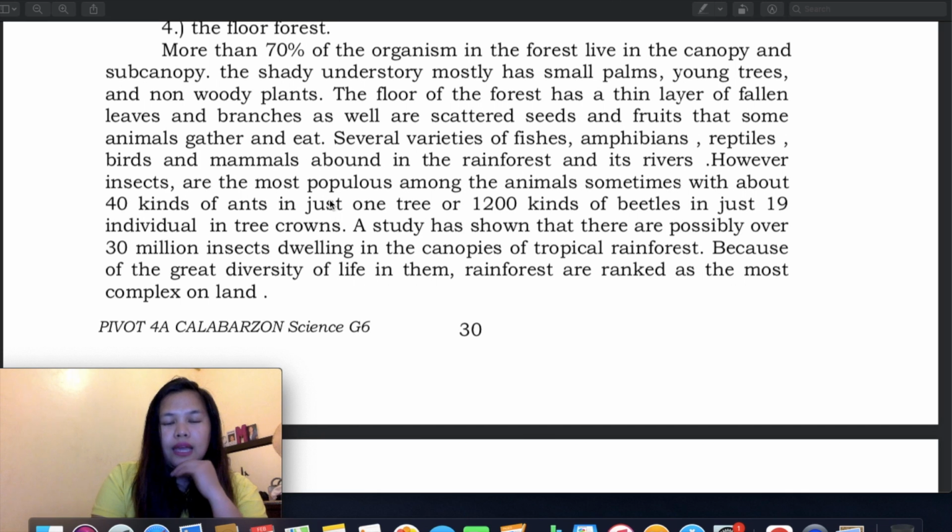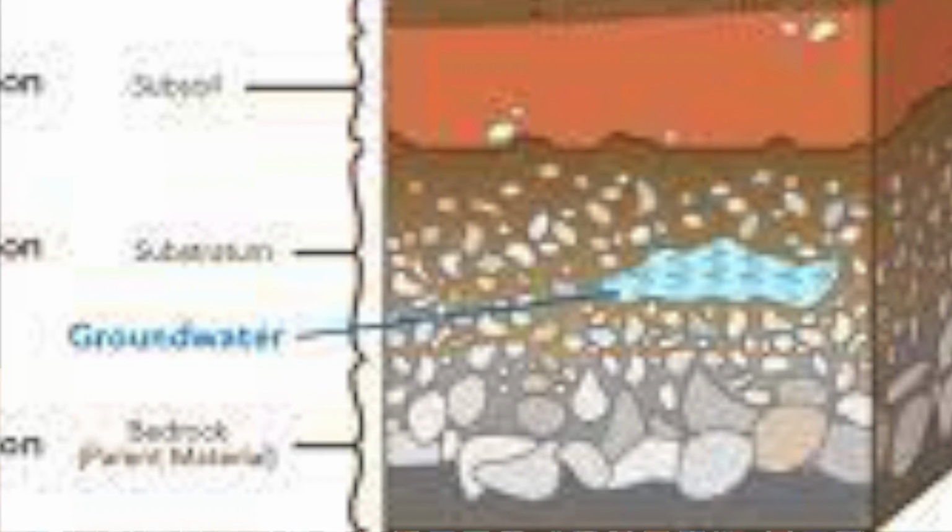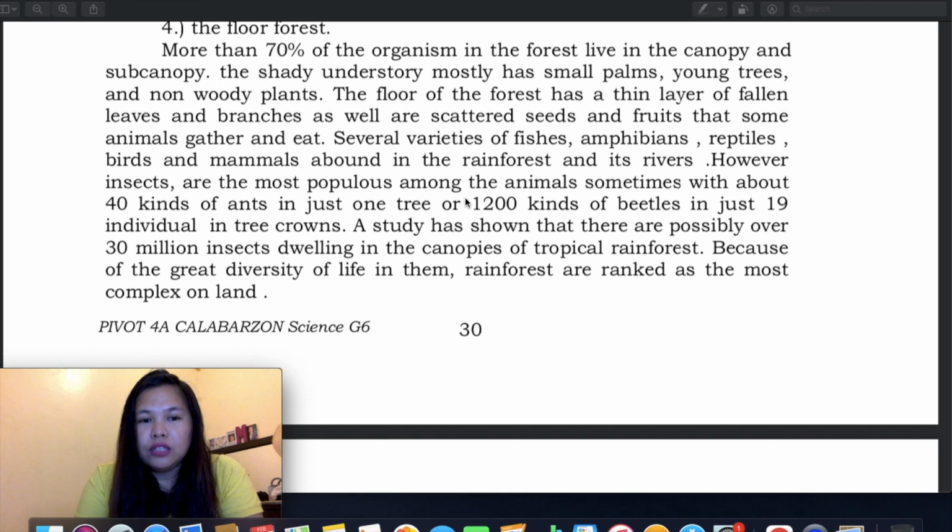Kasi, dun sa mga part na yon, yung water, nasa ilalim ng soil, mga layers of soil, andun yung sa ilalim doon ay tubig. So, however, insects are the most populous among the animals, sometimes with about 40 kinds of ants in just one tree, or 1,200 kinds of beetles in just 19 individual trees in 3 crowns.